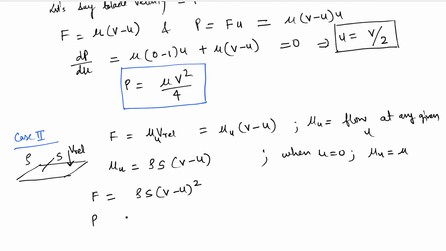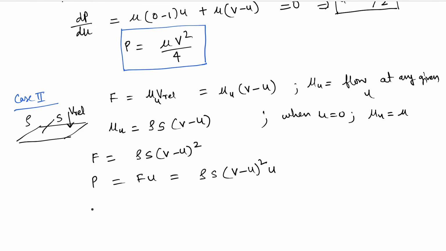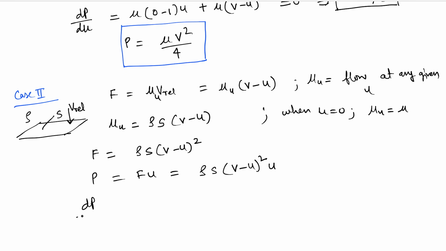And the power is again F into u, right? So rho S (v minus u) whole square u. Okay. And then to maximize the power, we again differentiate this with u, and this becomes 2(v minus u)(minus 1) u plus rho S (v minus u) square into 1.